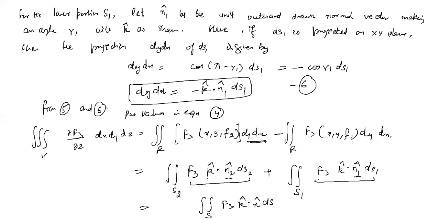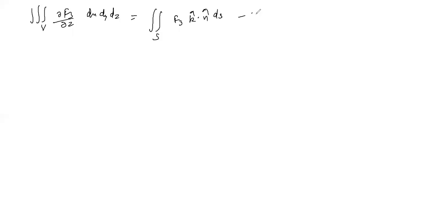Okay. So from the last equation we have triple integral curl f3 upon curl z dx dy dz is equal to the surface integral f3 k dot n ds. Call this equation number 7.